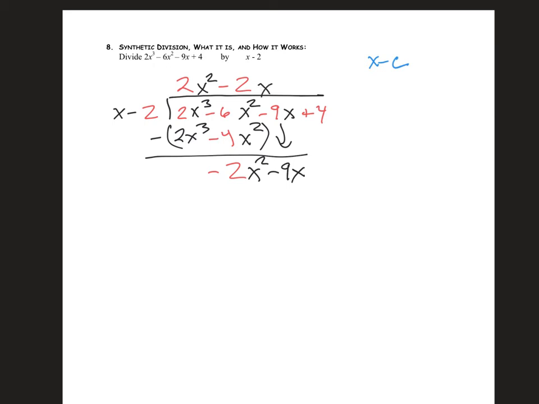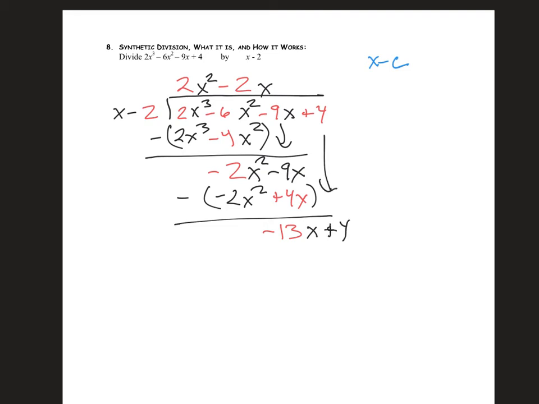Then we multiply, and we're going to get negative 2x squared, and I'm going to get plus 4x. Then we're going to subtract, and we're left with, let's see, when I subtract, I get minus 13x. And let's bring down the plus 4.